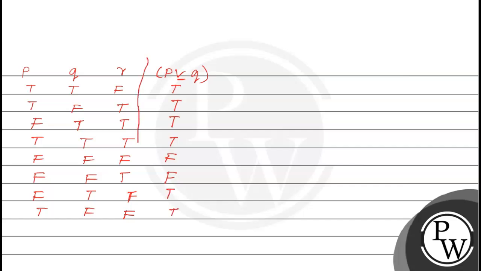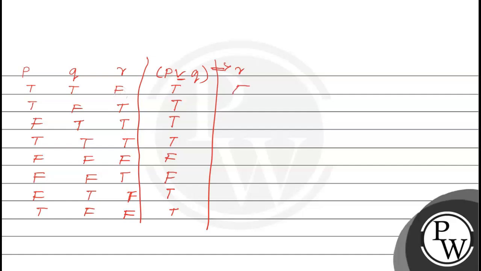Now similarly, we will find the truth value for P or Q implies R. So when we take implication, the truth value is false only when the first statement value is true and the second one is false. So here, for P or Q implies R, we are getting false in the first case and the last two cases.